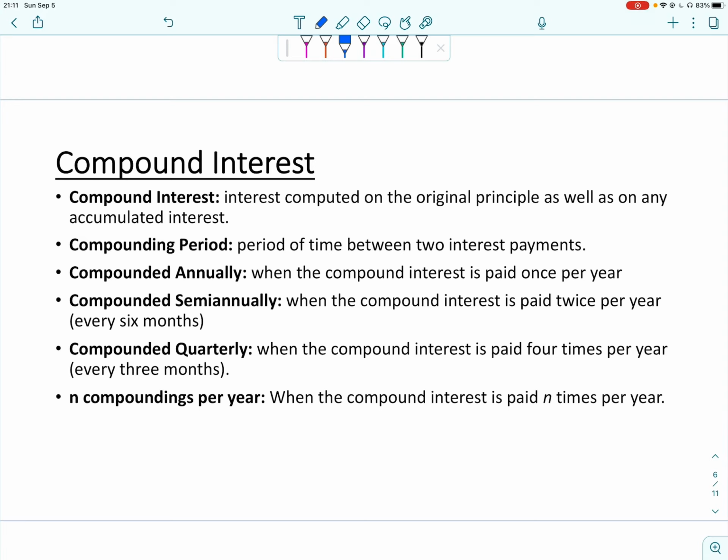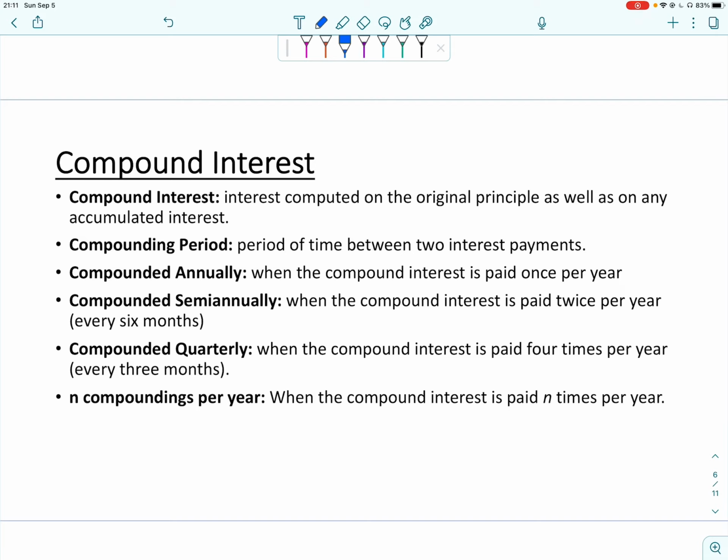If it's compounded semi-annually, then the compounded interest is paid twice per year. Compounded quarterly is when the compounded interest is paid 4 times per year. N compoundings per year is when the compounded interest is paid N times per year.